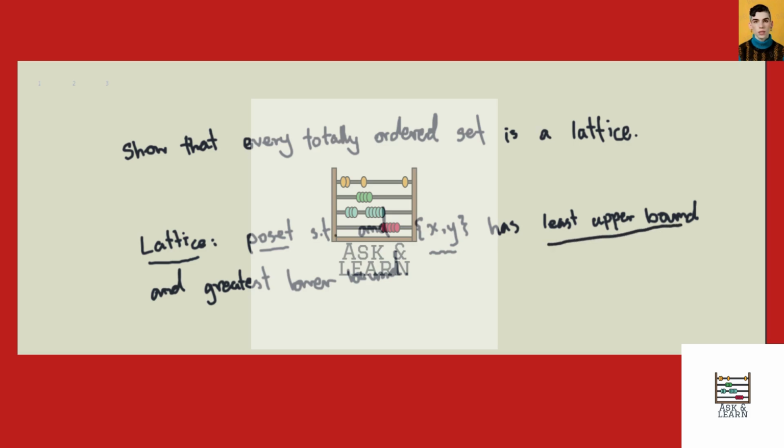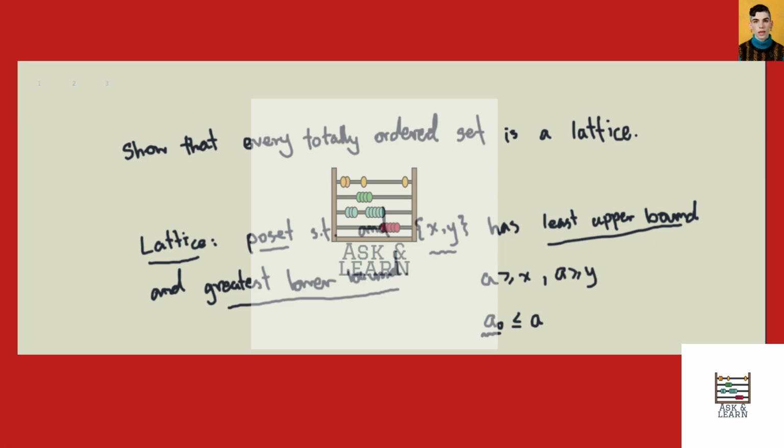I believe you should know these definitions, but I will just repeat them. An upper bound is any element that is greater than everything in the set, but the least upper bound is the smallest such element, and there can only be one.